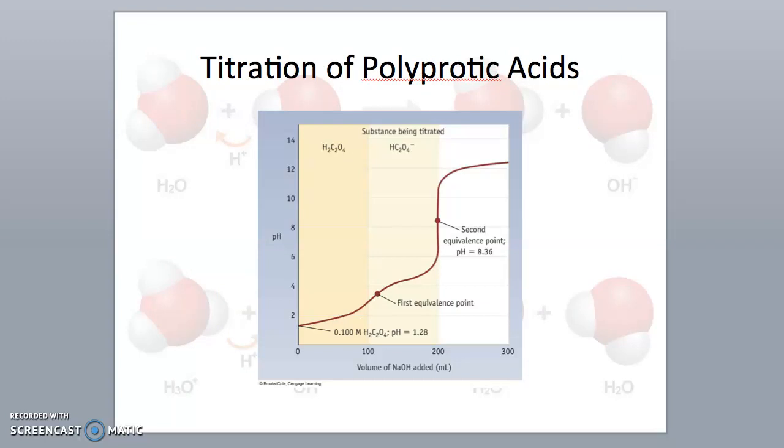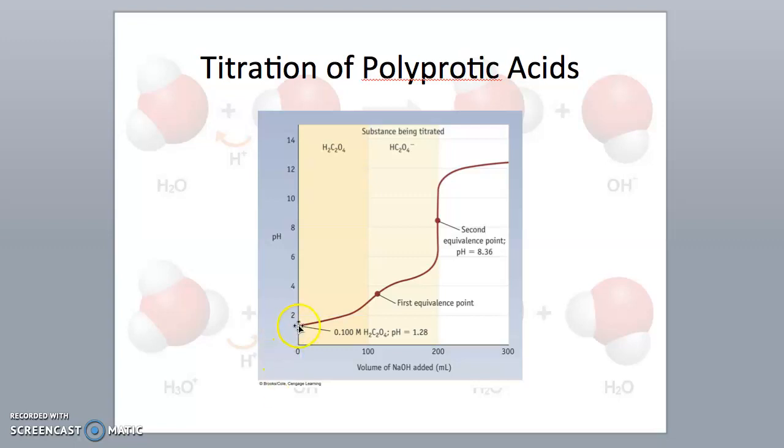This is a polyprotic acid, meaning it has more than one donatable hydrogen. It's kind of small, but we're starting with H2C2O4. So we have this first equivalence point. It's not quite as nice as the second one, but you can see there's something funny going on here. When you see this type of plot, you can predict a polyprotic acid.